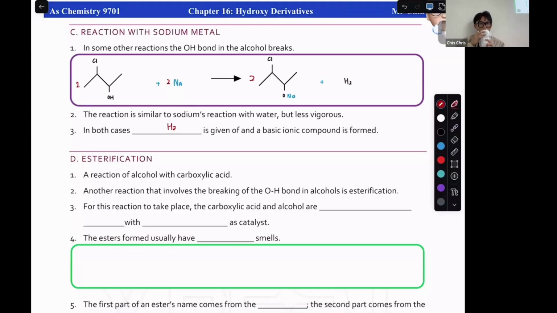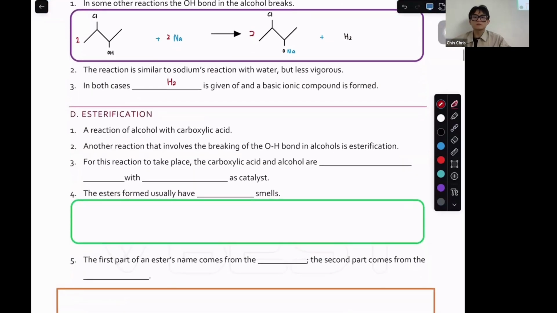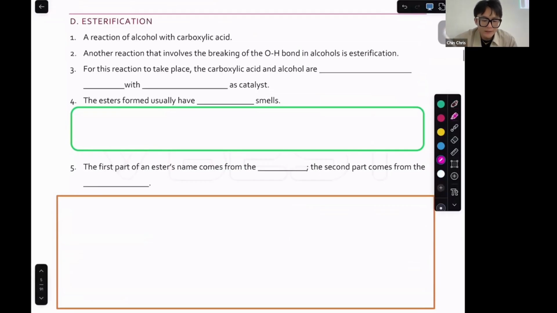Understand? Okay, next. What we have next is esterification. Guys, esterification is a reaction between an alcohol and a carboxylic acid. For this reaction to take place, your carboxylic acid and alcohol are heated under reflux.